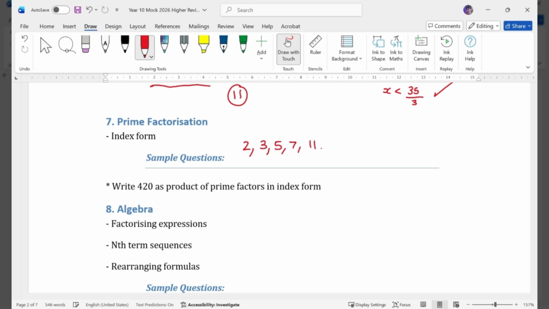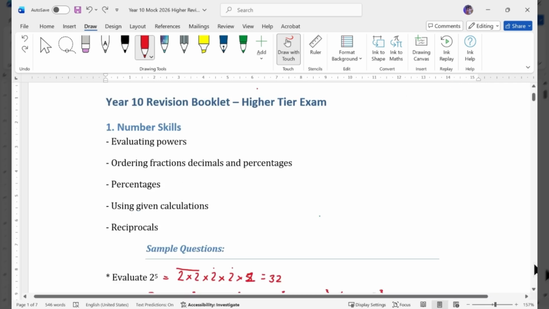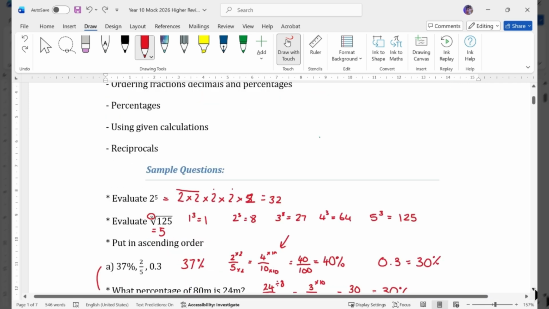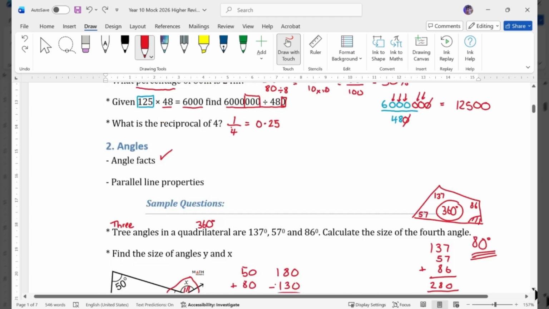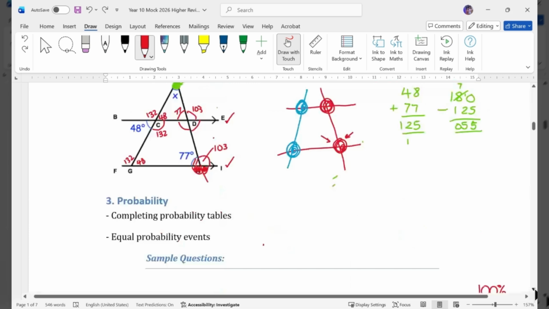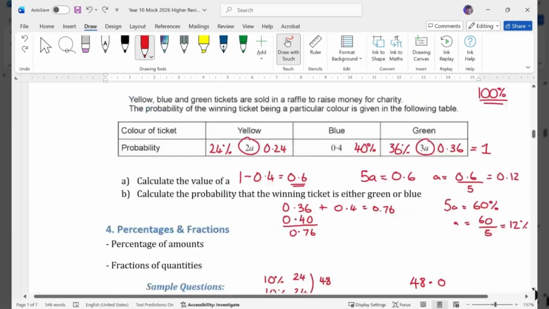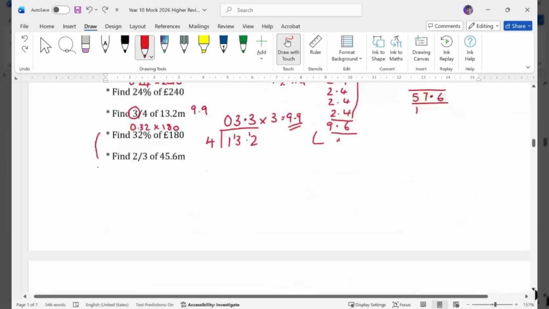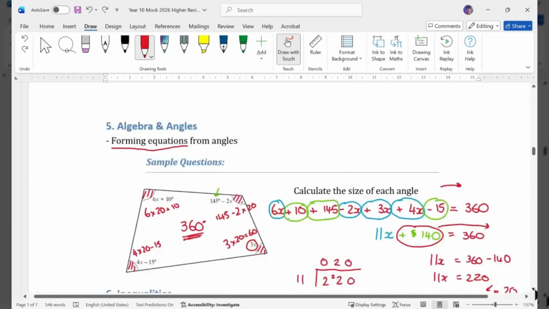But you could keep going, 13, 17, 19, etc. But realistically, the ones you're going to use are 2, 3, 5, 7, maybe 11, maybe unlikely, but maybe 11.